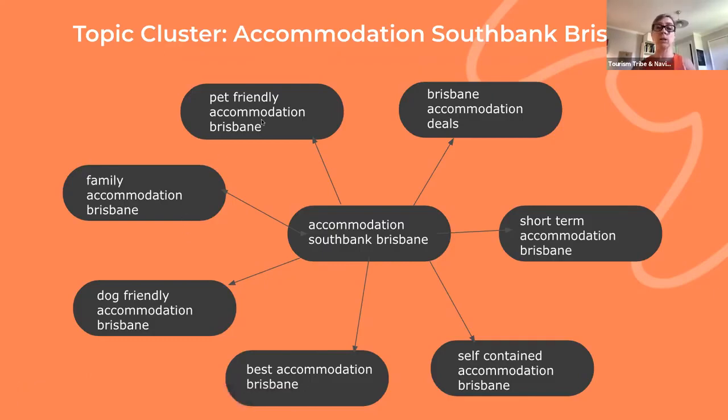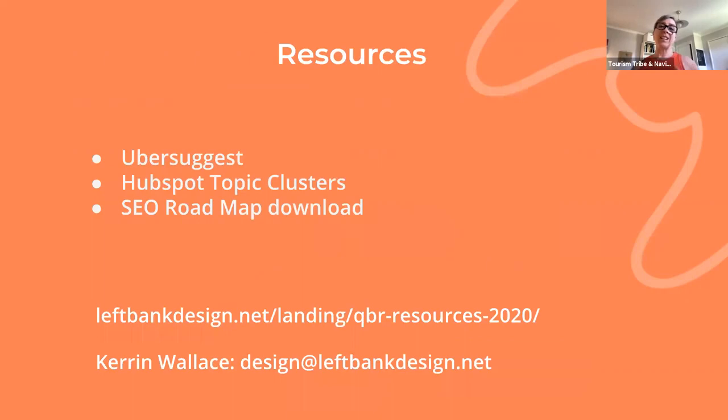I'll look at these and think, well, I can create blog posts out of these, or I might decide to have a pet-friendly page on my website, and then I can link all these back to this dedicated page for accommodation South Bank, Brisbane. So that gives you an overview of how to organize your keywords into topics.